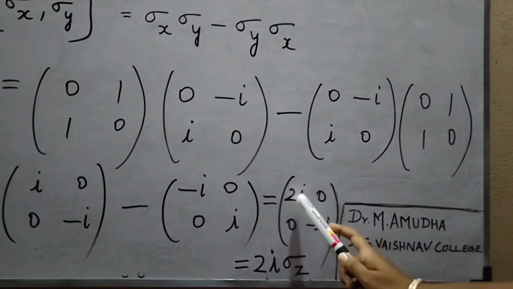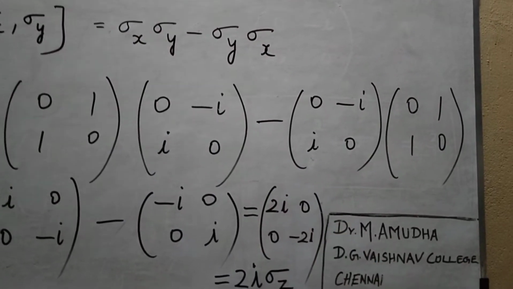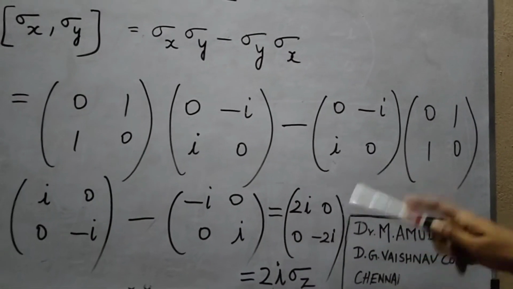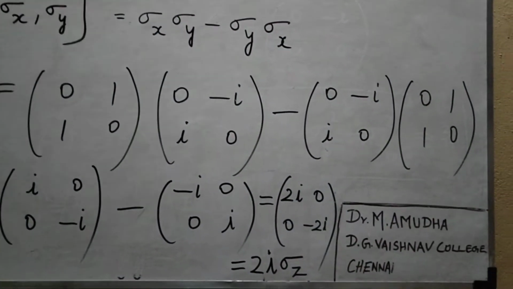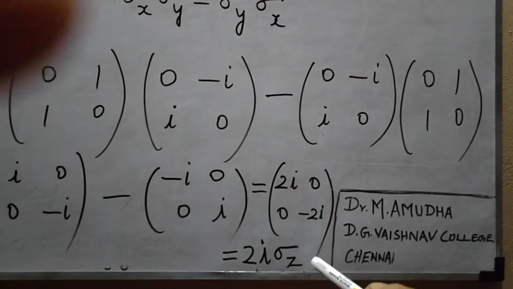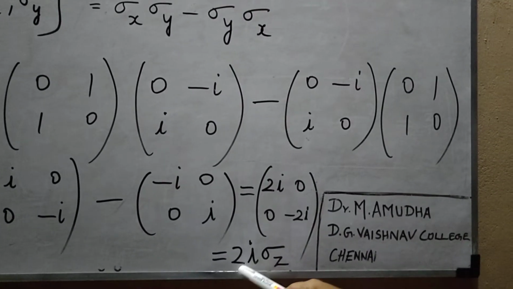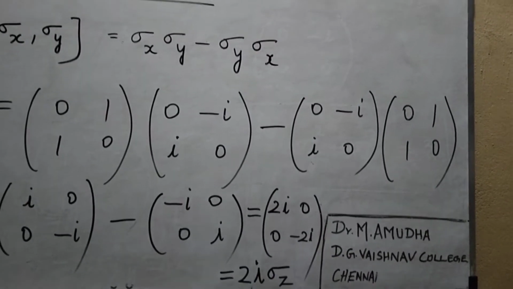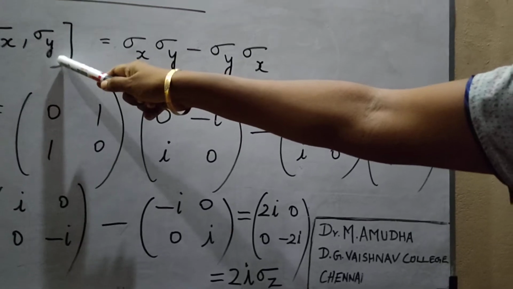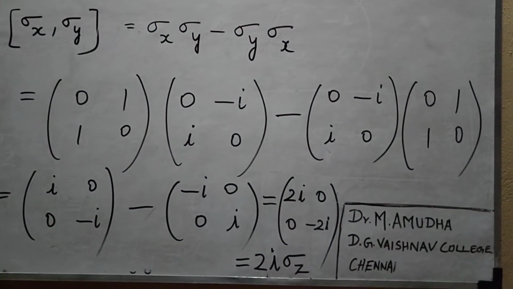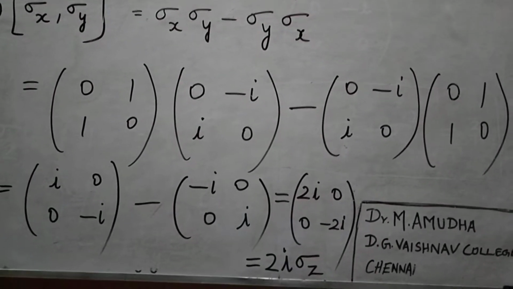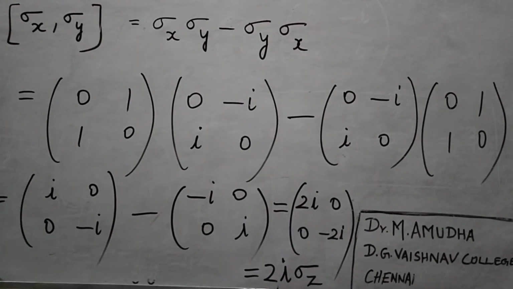So, take this 2i as a common factor outside. Inside the matrix, 1, 0, 0, minus 1 comes. That 1, 0, 0, minus 1 is nothing but sigma z. So, 2i sigma z is the solution for the commutation relation between the spin operators sigma x and sigma y. These operators are called Pauli spin matrices, or we can also call these Pauli operators.